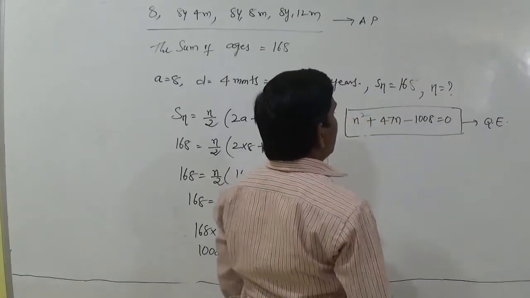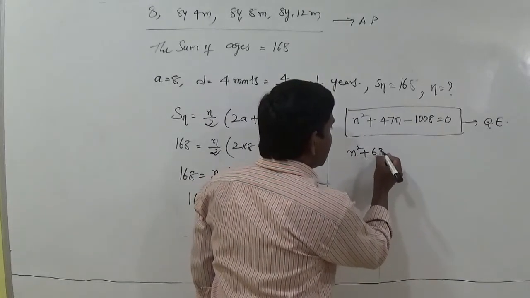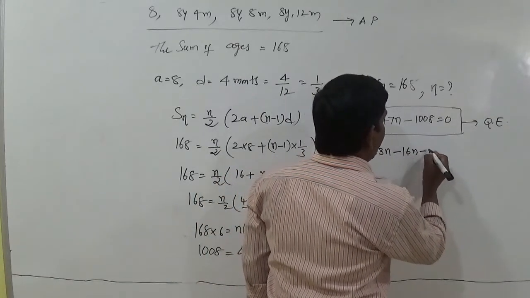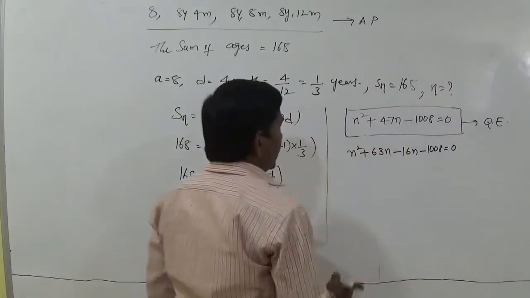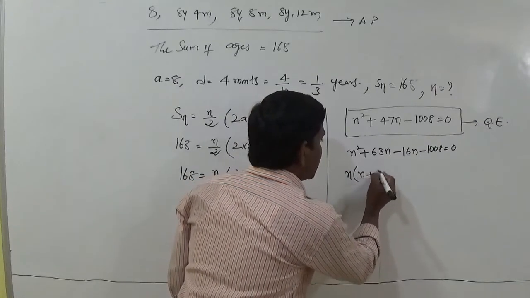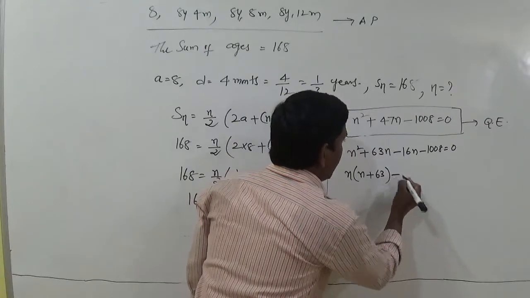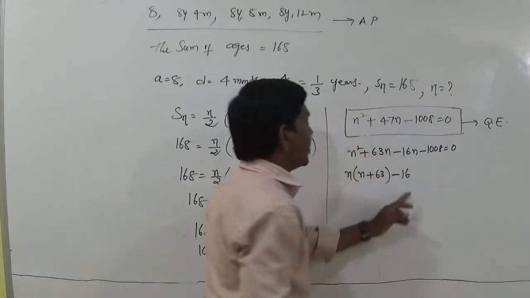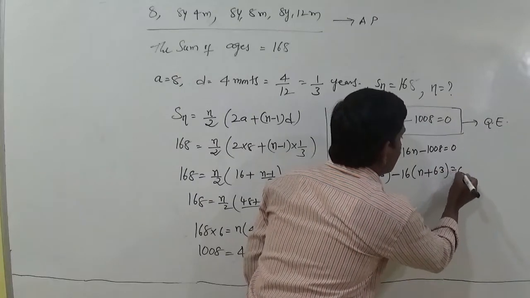N square plus 47n minus 1008 is a quadratic equation, and we have to factorize it like n square plus 63n minus 16n minus 1008 equal to 0.